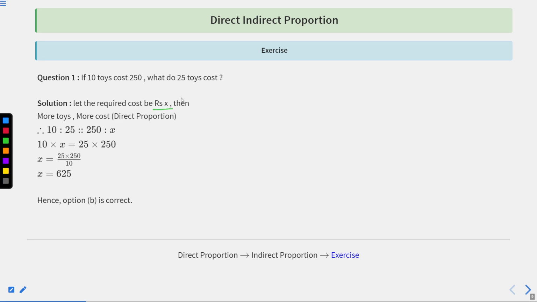We don't know the cost, so we assumed it to be x. Then more toys, more cost, that is direct proportion. Therefore, 10 is to 25 as 250 is to x. So 10x is equal to 25 into 250, that is, x is 625. So the correct option here is option B.